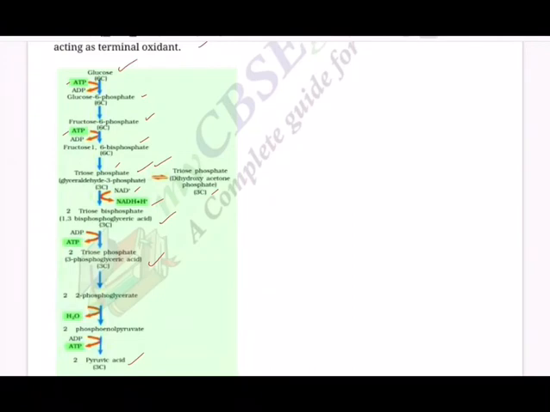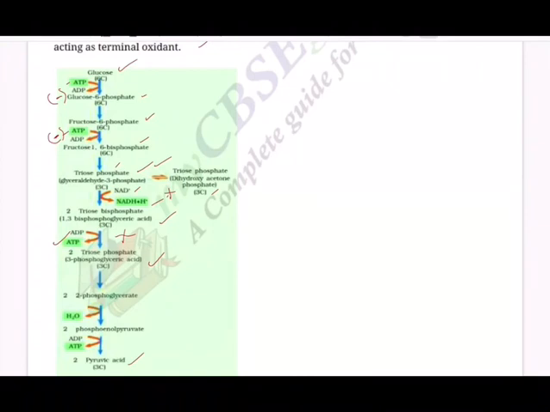Now here again ADP is combining with inorganic phosphate available and forming ATP. So this is a plus reaction, this is a plus reaction as far as ATP formation is concerned. Whereas this is a minus and this is a minus, ATPs are spent.